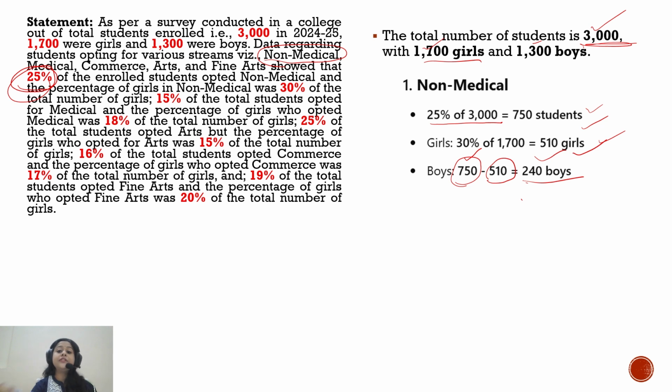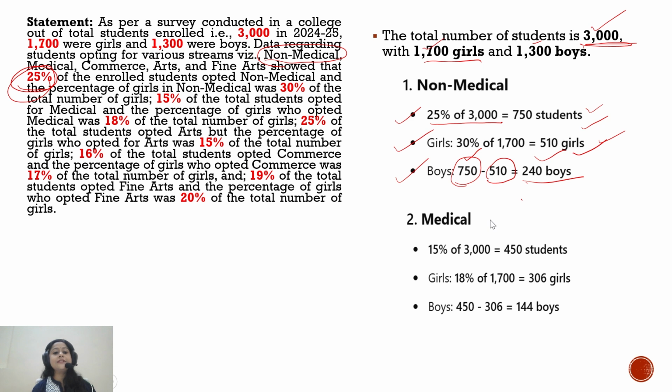Now the same formula, same steps we will apply. First find the total number of students, then find the number of girls opted for that particular stream, and then find boys by subtracting girls from the total number of students. Same we will apply for the other streams as well.